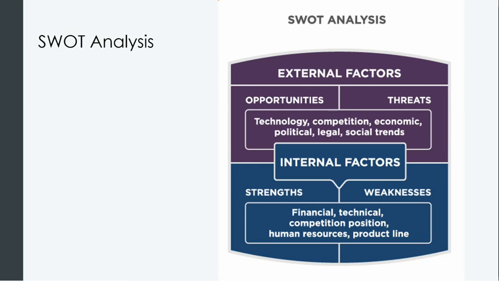And internal factors depend on the strengths of the organization and weaknesses of the business, for example, financial factors, technical factors, competitive position, human resources, or the experience that you have in your business product line.